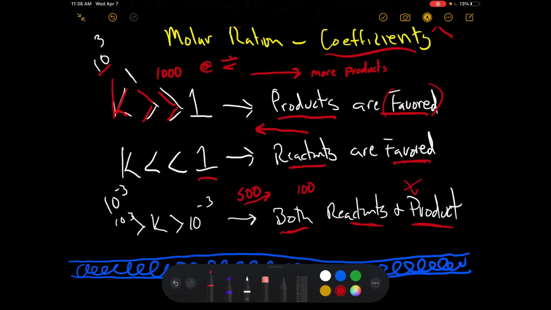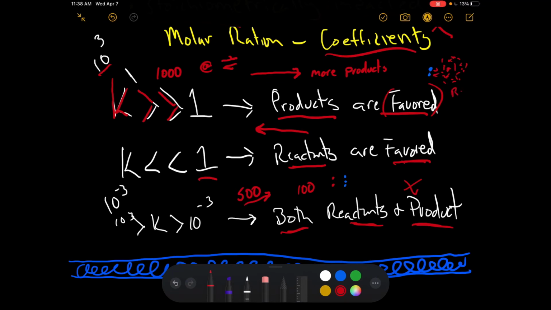You'd probably have slightly more of one, like you might have 2 here and 3 there. But if you had over 1,000, say you have 2 on the reactant side, then on the product side you're going to have so many more, and that is still in equilibrium.